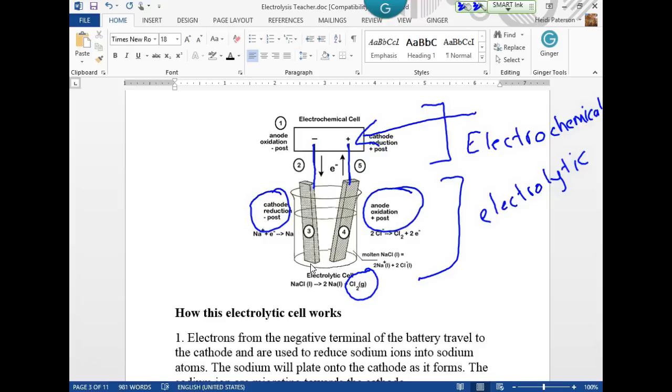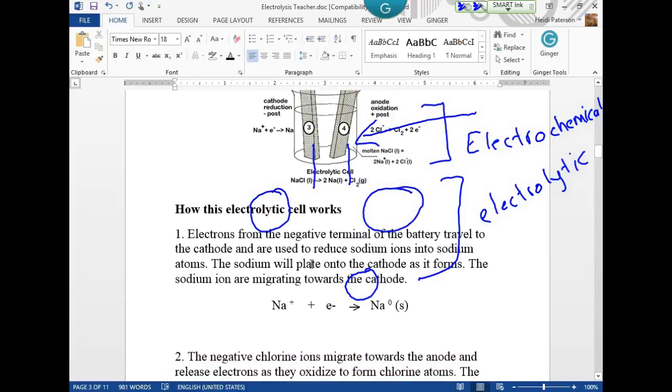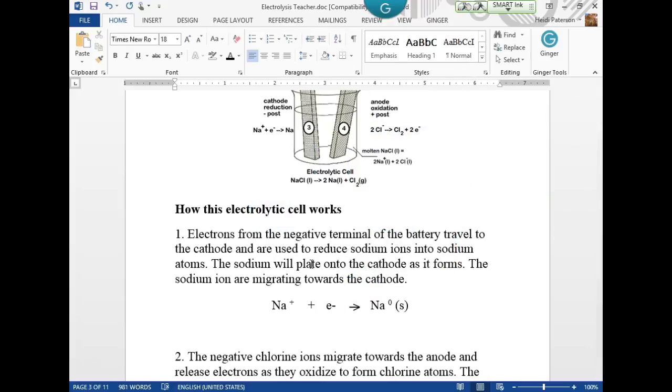Yes. So the electrons travel from the negative terminal of the battery down to the cathode here. The sodium gains electrons and starts collecting on the side of that electrode.